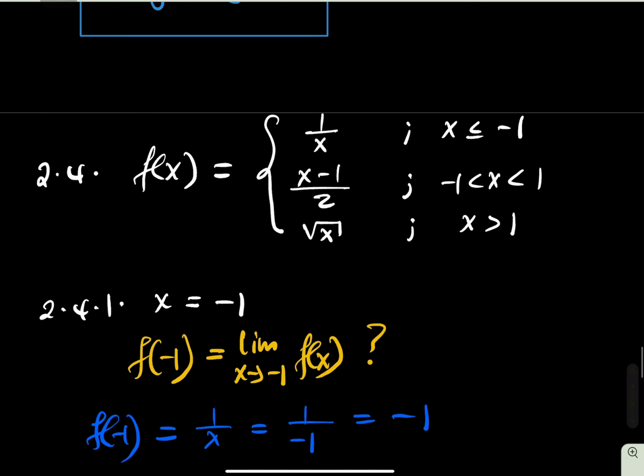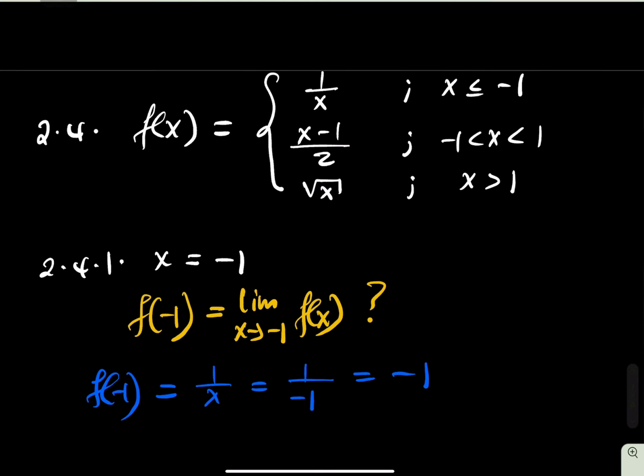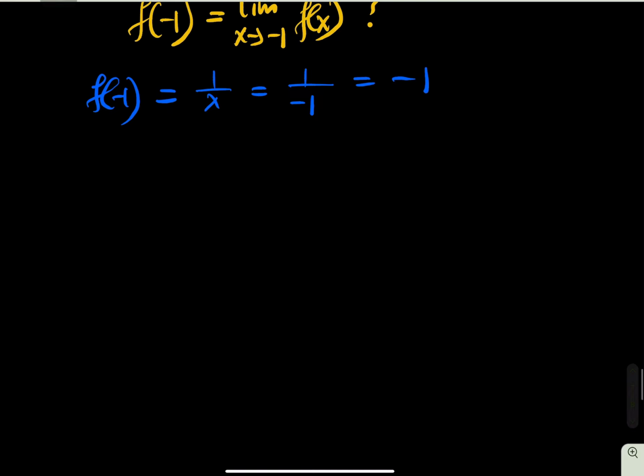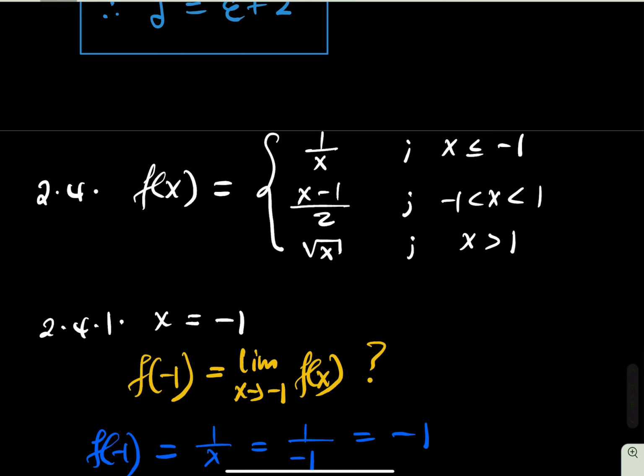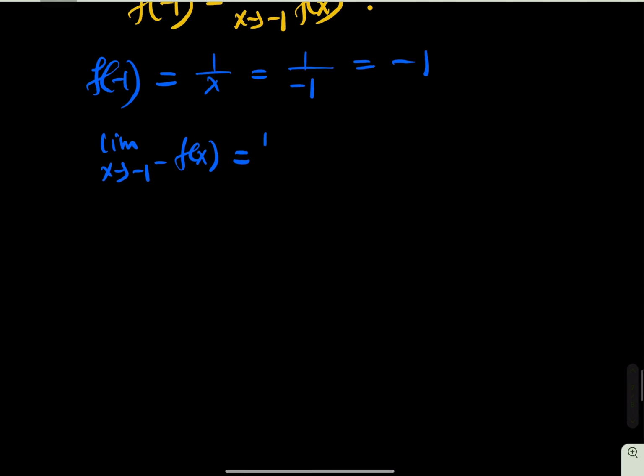So I want to find the limit as x goes to -1 from both sides, left and right. So let me find the limit as x goes to -1 from the left of f at x. I'm going to choose the same function because it's going to approach -1 from the left. And that is the limit as x goes to -1 of 1 over x.